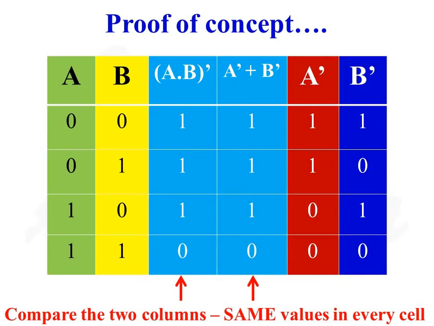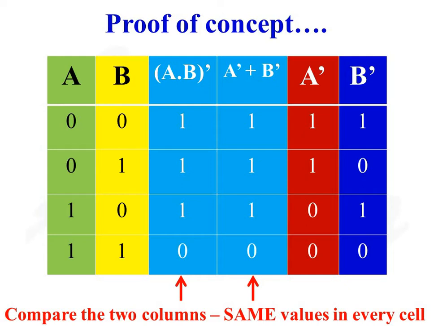So let us consider a truth table where there are two input variables. A and B are the two input variables. 0, 0, 0, 1, 1, 0 and 1, 1 are the four combinations. Look at the third column. Complement of A and B is 1, 1, 1, 0 for the input combinations 0, 0, 0, 1, 1, 0 and 1, 1 respectively.